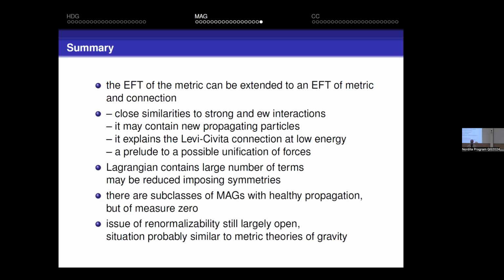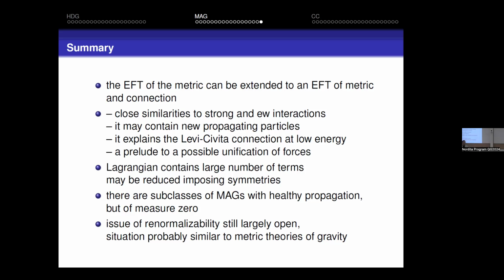Like in electroweak theory, or like superconductivity. And then you ask, what is the order parameter that drives the symmetry breaking? In gravity, it is the metric. So I like to think of the metric as the order parameter, a little bit like the Higgs field in electroweak theory, or the chiral condensate in strong interactions, or the BCS condensate in superconductivity.